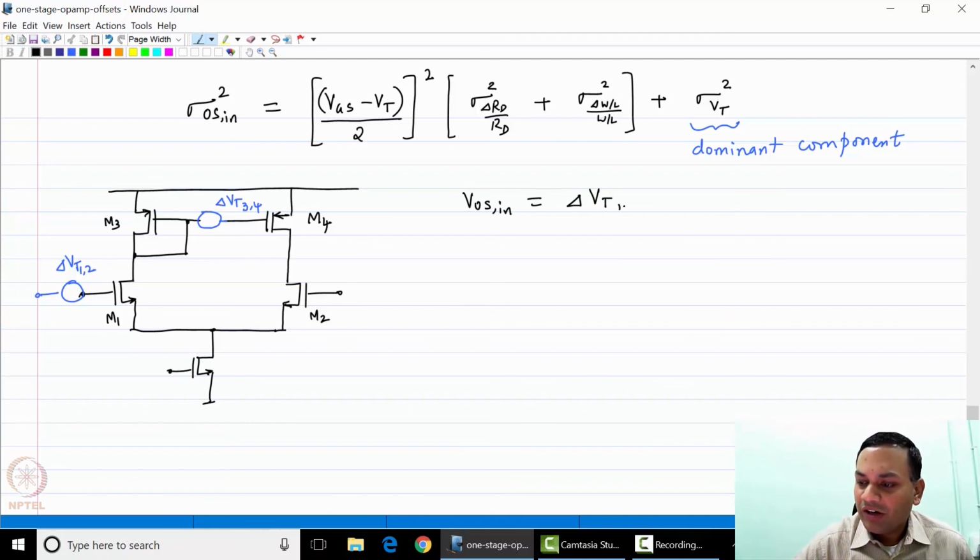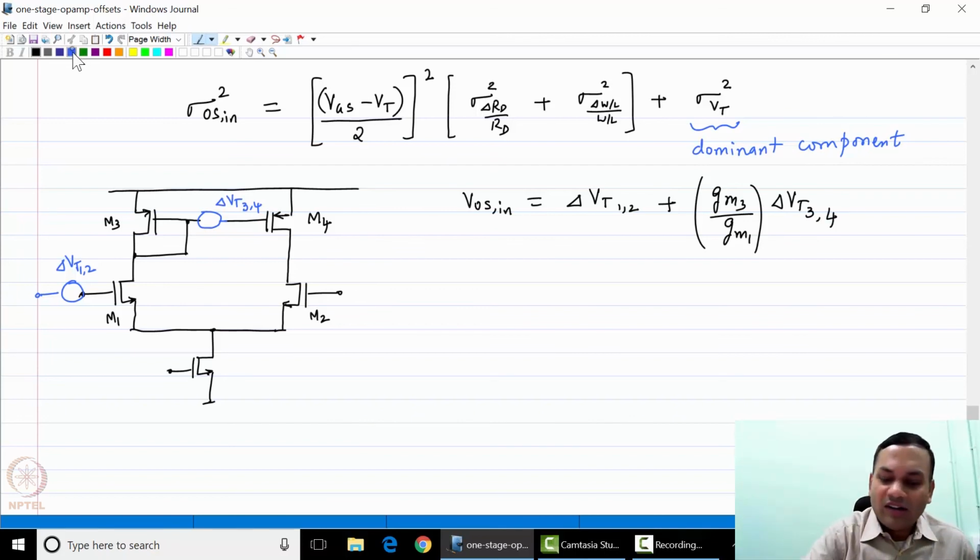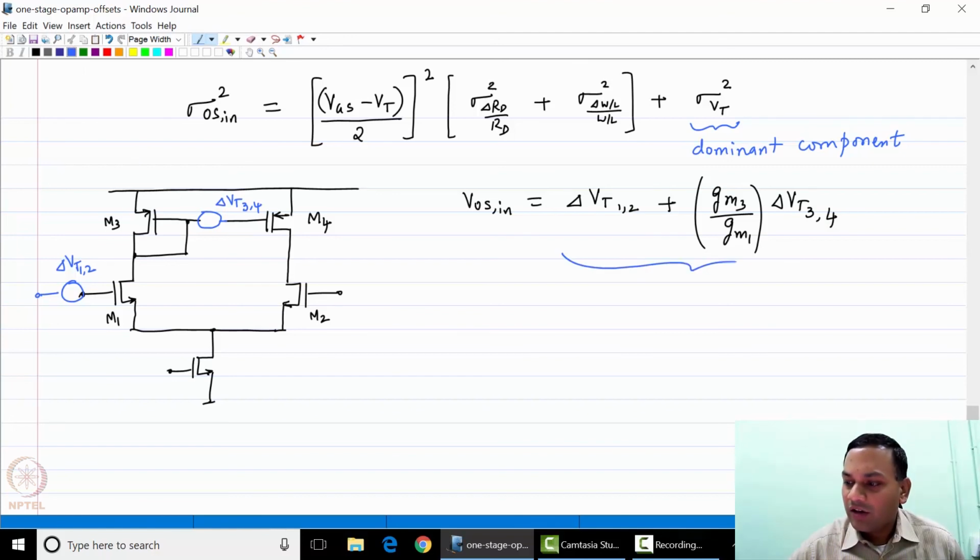So the component from 1 and 2 would be directly delta VT 1, 2, but the component from 3 and 4 would be scaled by their relative GMs. I will leave this as a homework exercise for your practice.